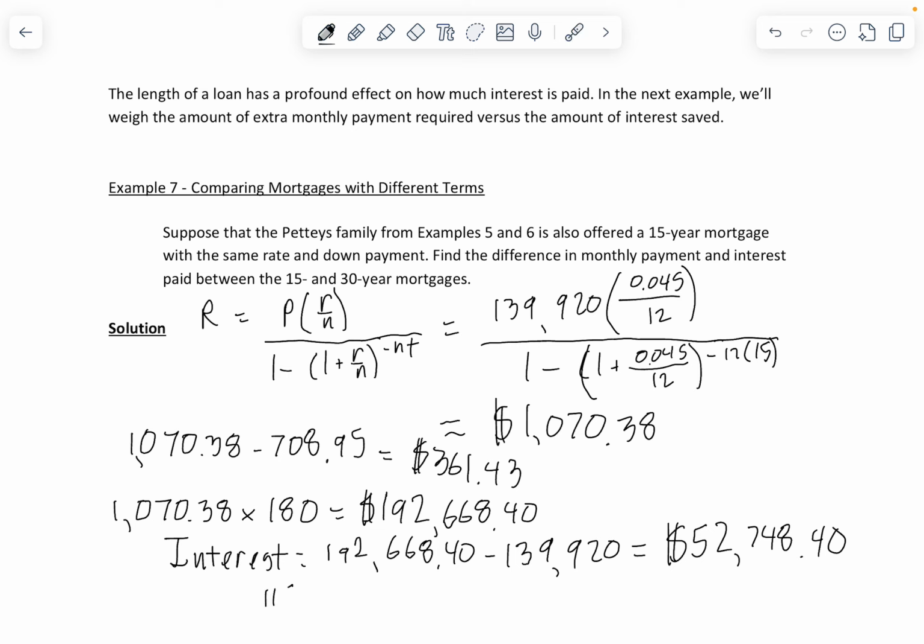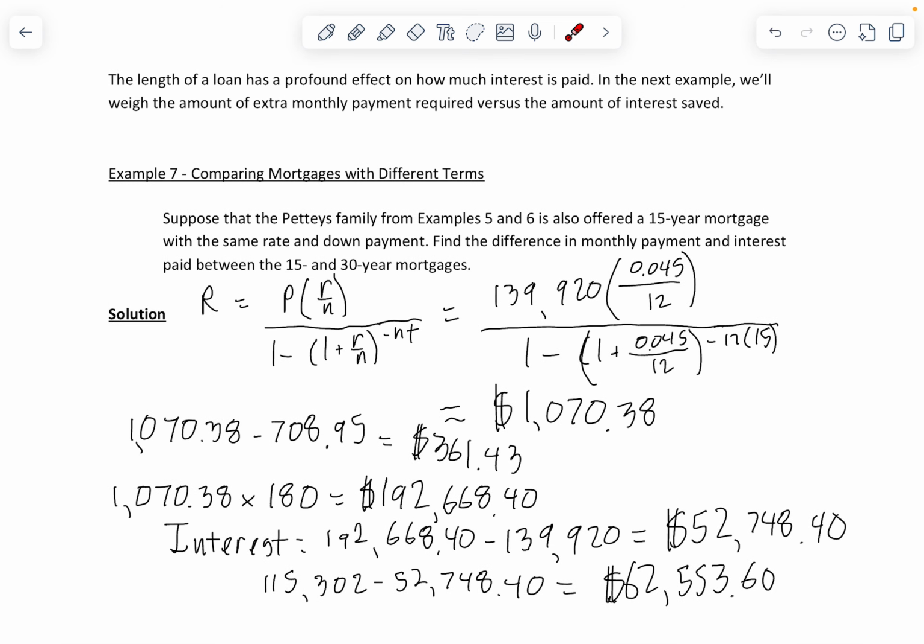So we would get 115,302 minus 52,748.40. And that works out to be $62,553.60.